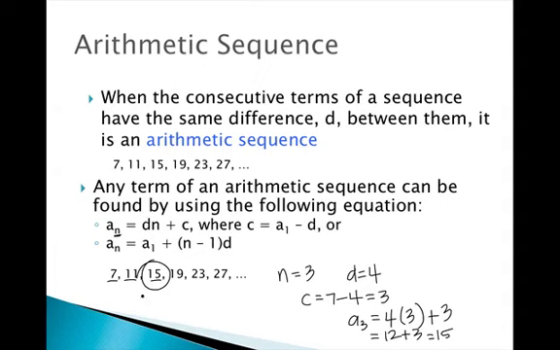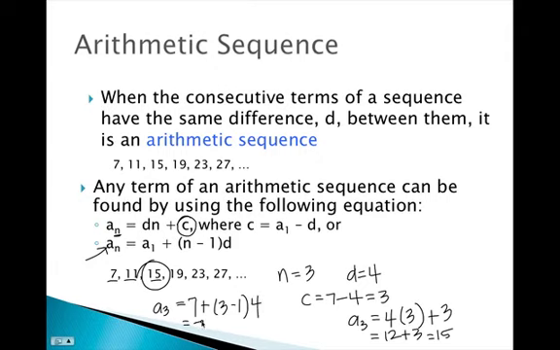Another way that you could find whatever term you're looking for is this formula right here. These are just two different formulas to find the same thing. This would be if we didn't want to solve for c. Using this formula, our third term can be found by taking our first term value, which is 7, plus n minus 1, so n equals 3 in this case, 3 minus 1, times our d, which was 4.